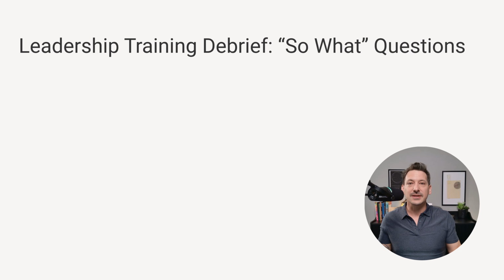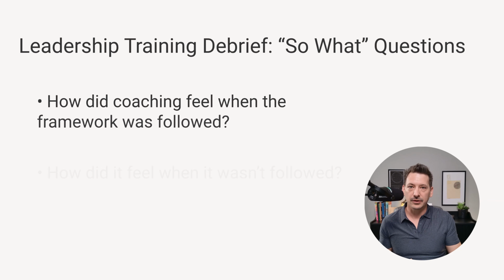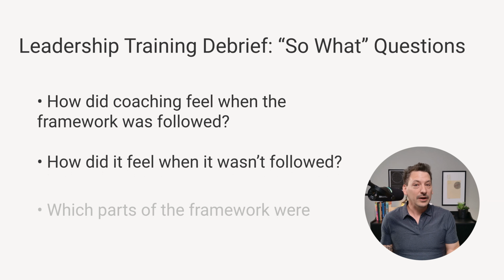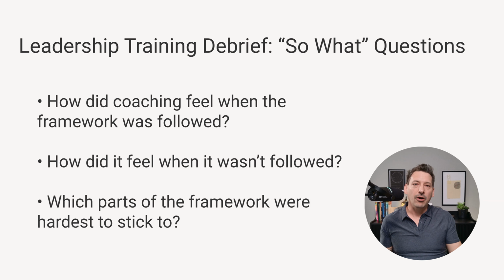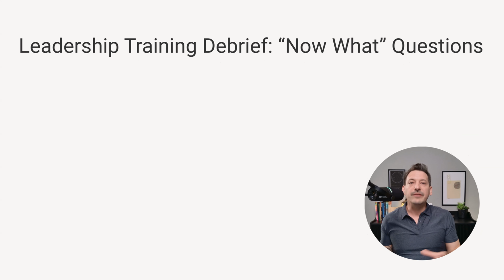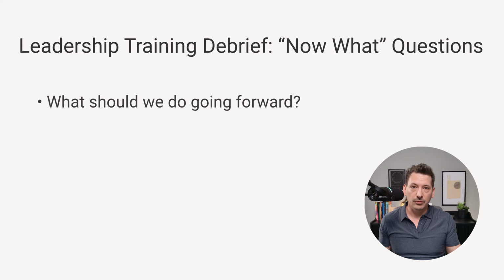Then you move on to the so what step and ask questions like, how did the coaching feel when the framework was being followed? And then how did it feel when it wasn't followed? What areas of the framework seemed hardest to stick to? These types of questions will get the group analyzing and interpreting what happened, and then you move to step 3, the now what step. Because we found that this part of the framework is consistently the hardest to follow, what should we do going forward?